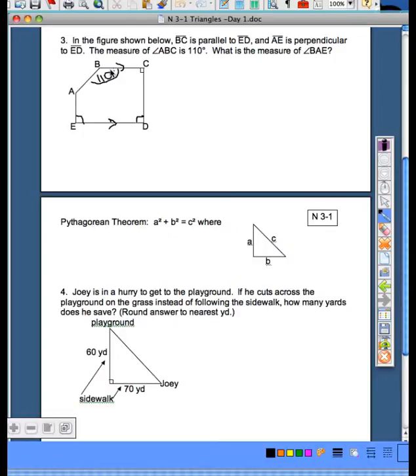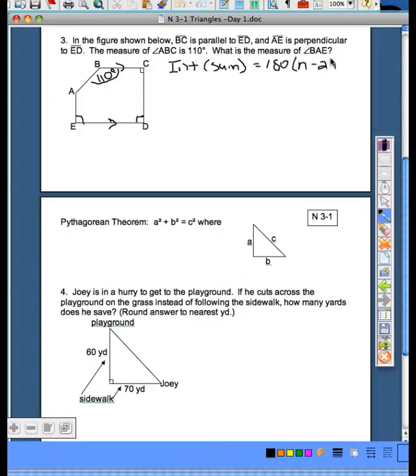All right, we know, if you remember, that the sum of the interior angles of any polygon is 180 times n minus 2.